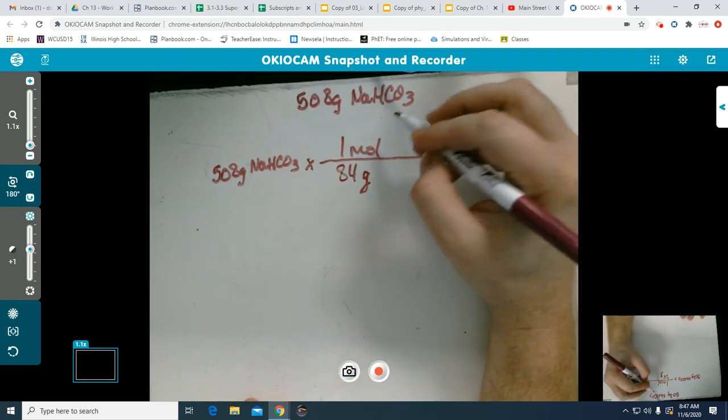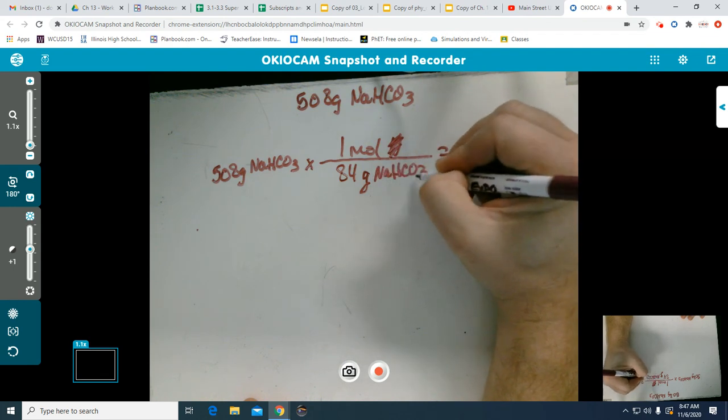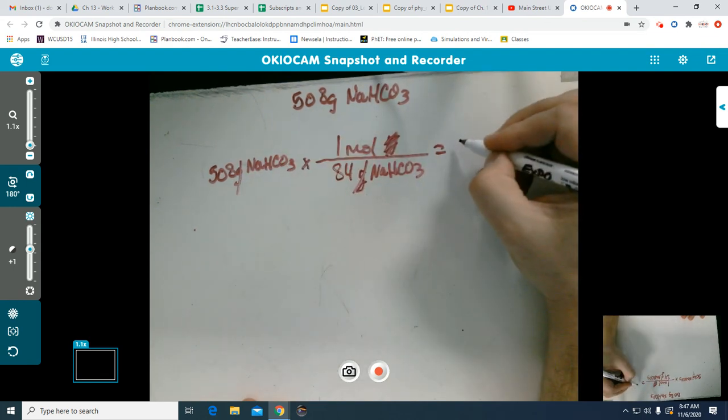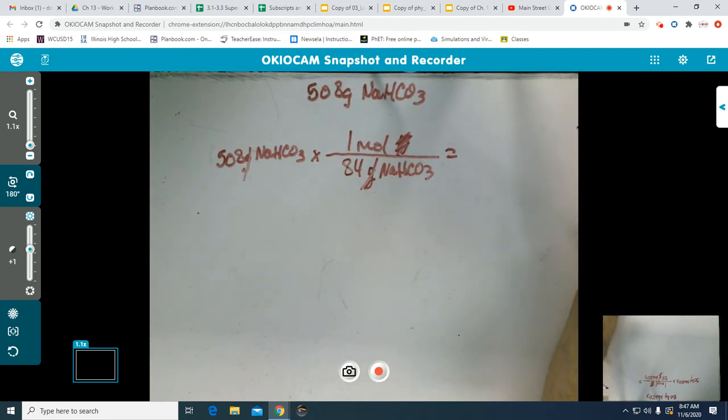And so let's see. HCO3, just to finalize that. That allows for the grams to cancel. And so how many moles of sodium bicarbonate do we have present?